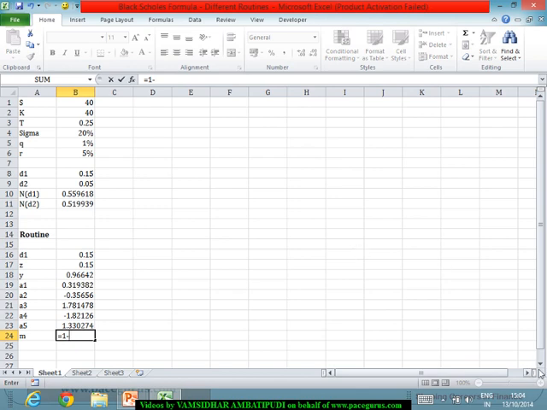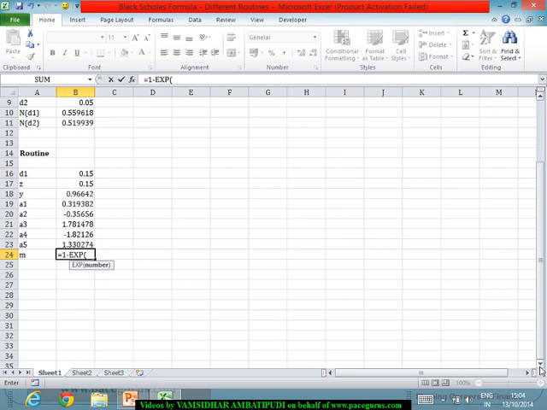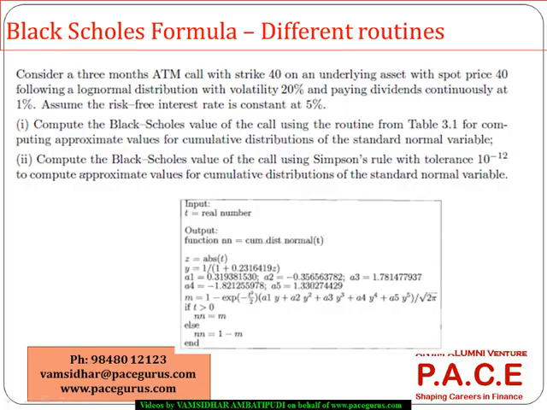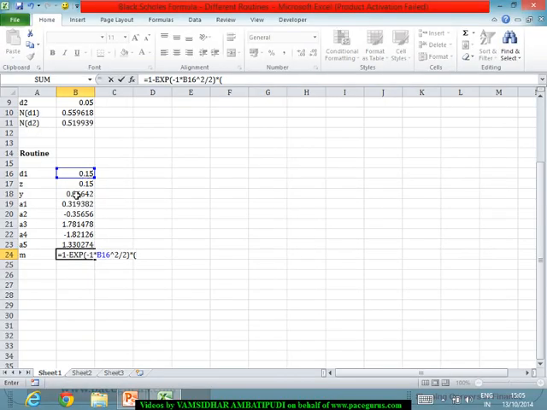So I'll write it as 1 minus e to the power of minus t squared by 2, where t is nothing but my d1. e to the power of minus t squared by 2 multiplied by a1 times y plus a2 times y squared plus a3 times y cube plus a4 times y to the power of 4 plus a5 times y to the power of 5.